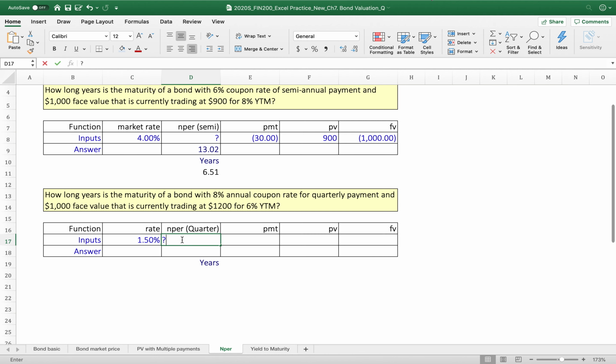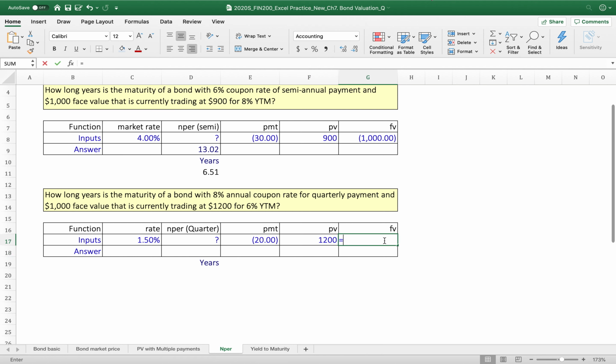And the NPER is what we want to get. Then PMT, again, $1,000, the par value, times 8% annual coupon rate divided by 4, because the coupon payment recurs 4 times a year. So the actual coupon payment on a quarterly basis is $20, and the present value is 1,200.